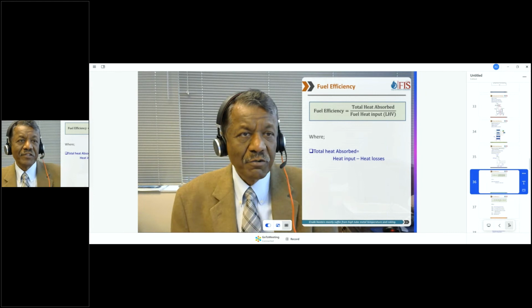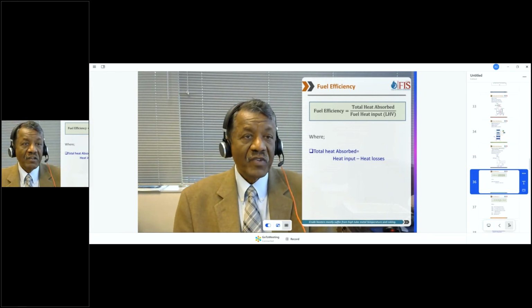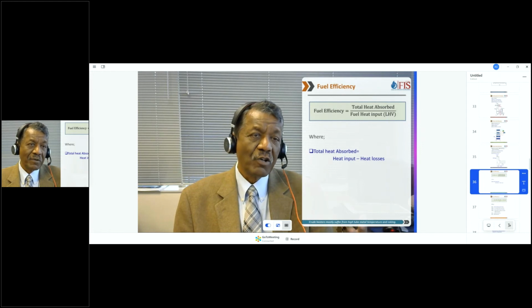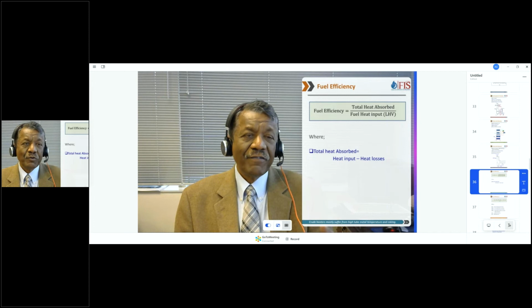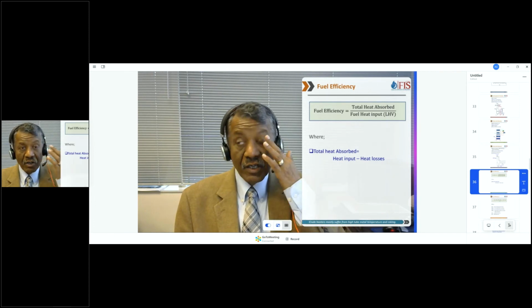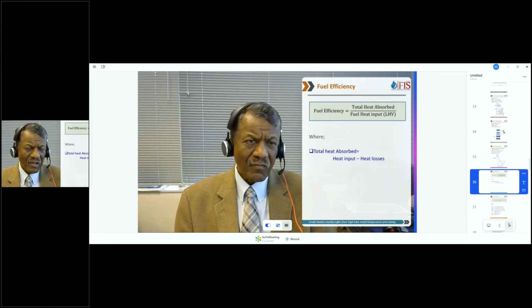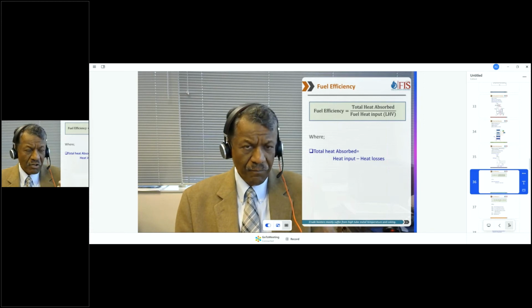What does fuel efficiency mean? Fuel efficiency means the useful heat, or the total heat absorbed, which is transferred to the fluid, divided by the fuel input, how much heat we are firing. Now, in a lot of cases, we cannot measure the heat absorbed in the process because of two-phase flow, because of reactions.